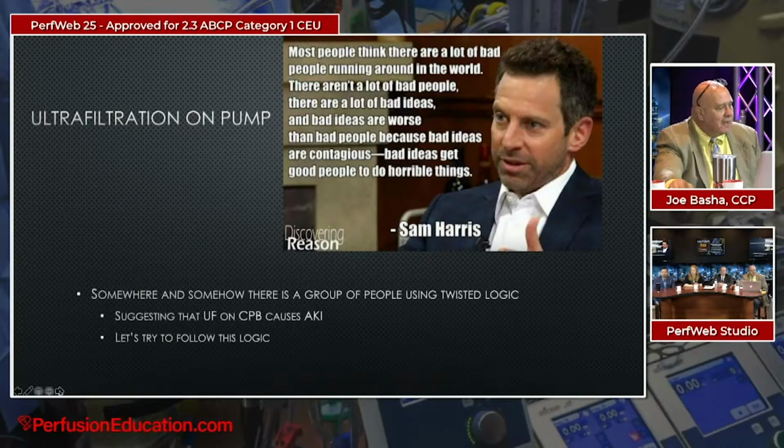So this is very important. I really need everybody to read this, so I'm going to read it to you as well. Most people think there are a lot of bad people running around the world. There aren't a lot of bad people. There are a lot of bad ideas. And bad ideas are worse than bad people because bad ideas are contagious.